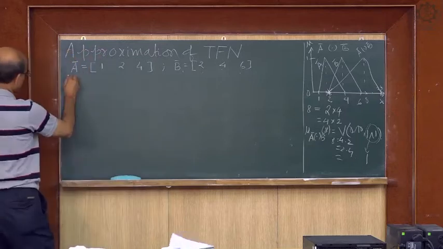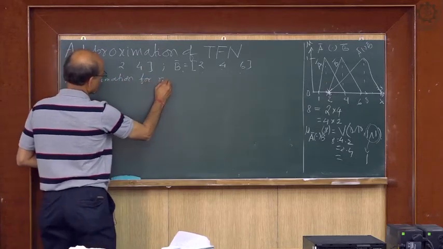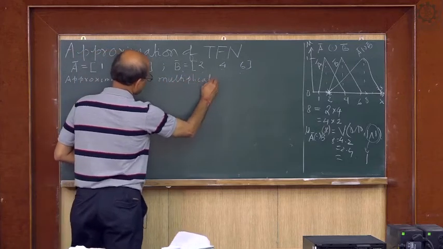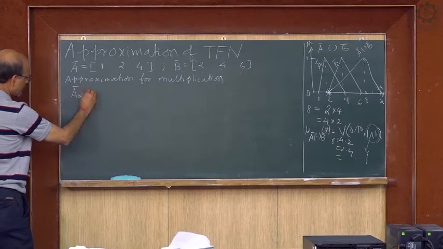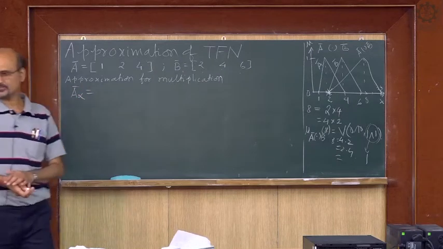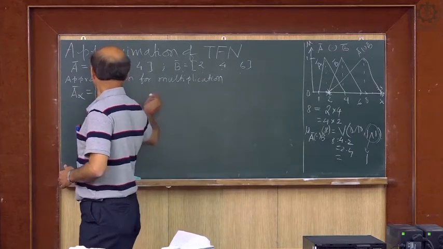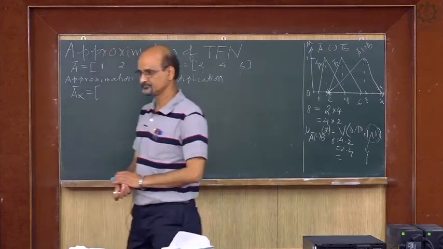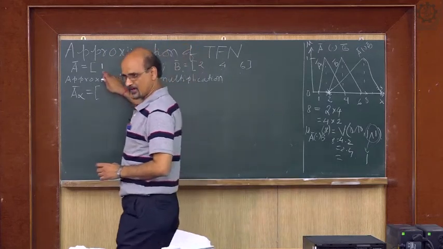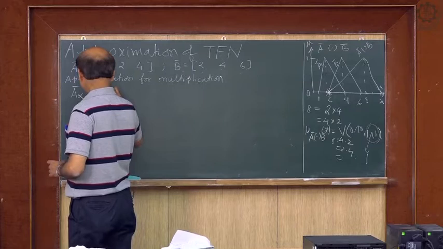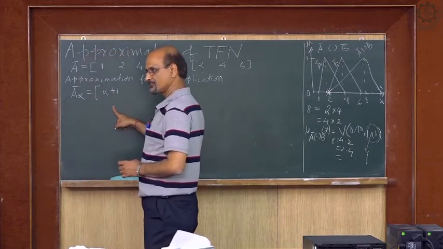So, let us do that approximation for multiplication. Here I have to write first A alpha. What was your A bar alpha? It is 2 minus 1, okay, alpha plus 1 on the left hand.